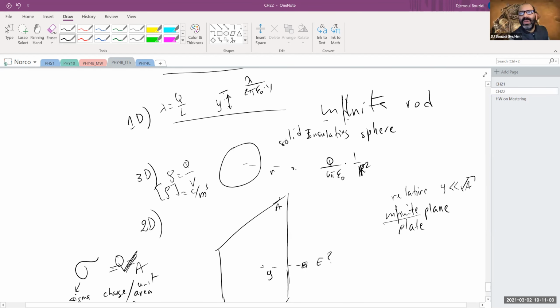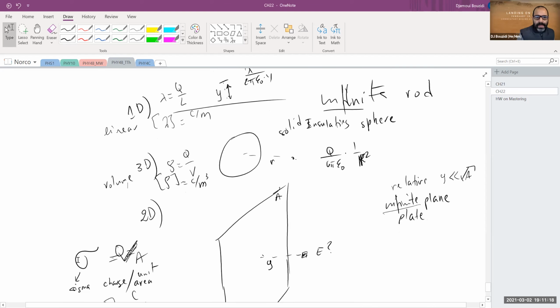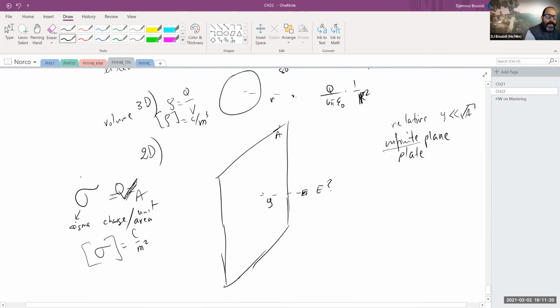That's what we mean by infinite in this case also; it's still relative. And the units for lambda are coulomb per meter. So this is a linear distribution, this is a volume distribution, and this is an area distribution, a surface distribution of charge.